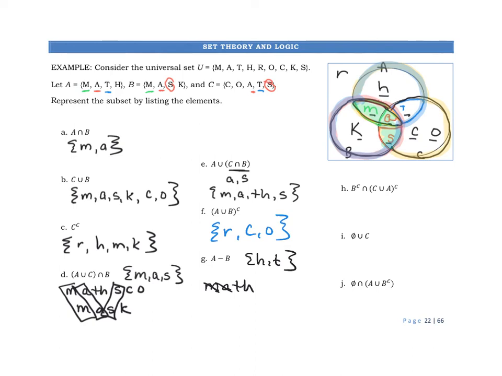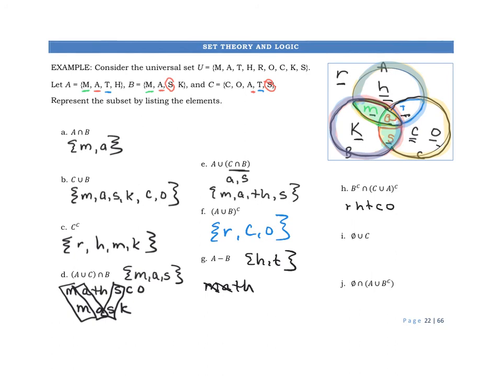All right, H is kind of a doozy. So we're looking at the intersection of the complement of B and the complement of C union A. All right, so let's list the elements that aren't in set B. That would be R, H, T, C, O. And then let's list all the elements that aren't in the union of C and A. Well, that's only two elements.